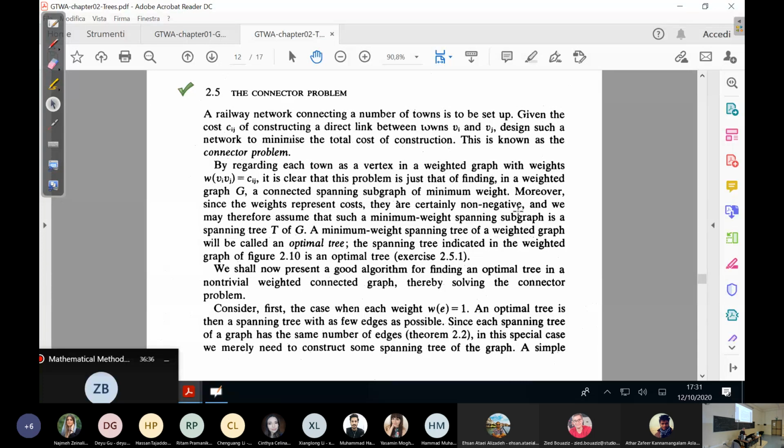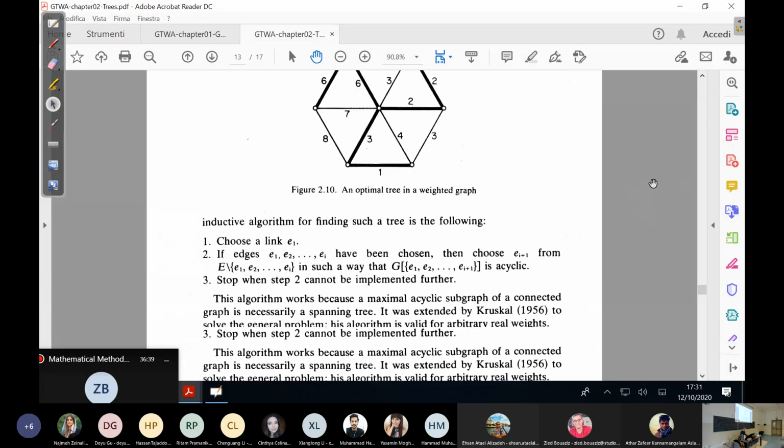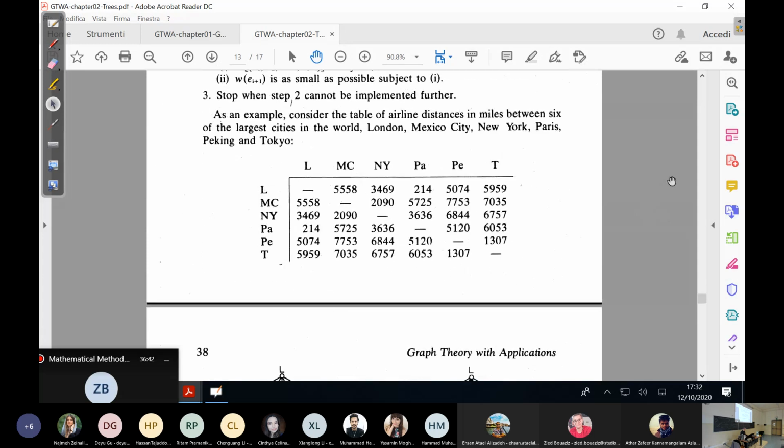Okay, the paradigm is this of having towns, cities, and wanting to connect them by an optimal connector. Optimal in the sense that you want the total number of miles in your network to be the least possible, knowing what the distances are. These are the true distances between London, Mexico City, New York, Paris, Peking, and Tokyo.